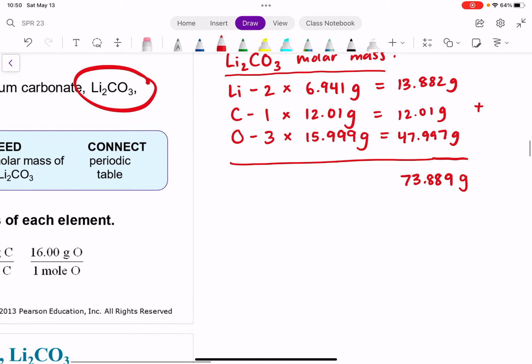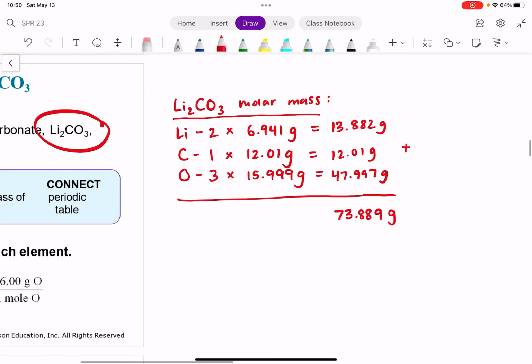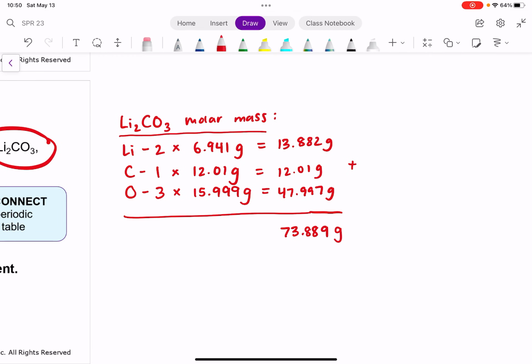But when we represent this number, we actually like to say grams per mole. That's the units for molar mass, okay? And that means that for every 1 mole of lithium carbonate, I have 73.889 grams of lithium carbonate.